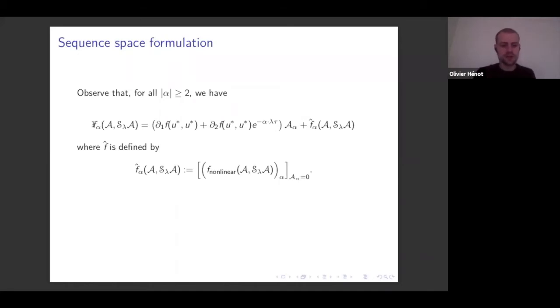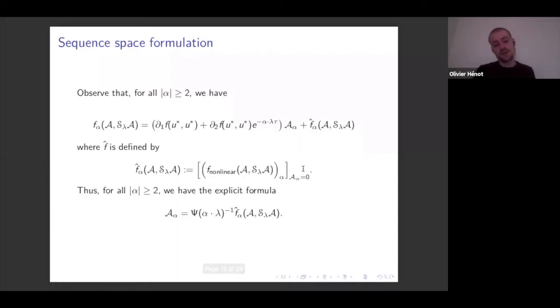So in this algebra, if you look at the alpha component of F, you can write it as the derivative of F times the component alpha of A plus some remainder term. And the punchline is that this remainder term is only the nonlinear part of F, and it does not depend on A, the component alpha of A. And this allows us to find an explicit formula for this component.